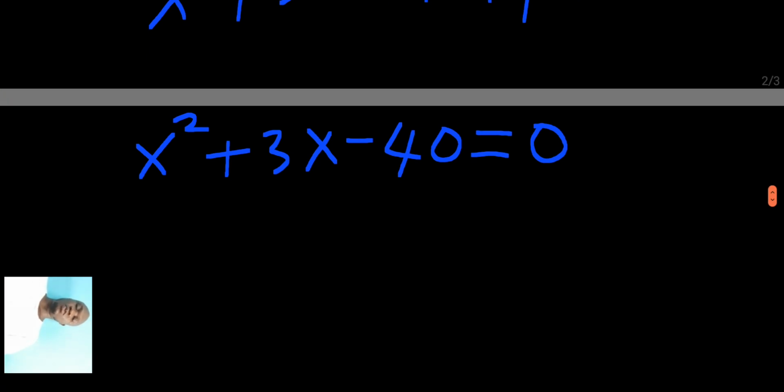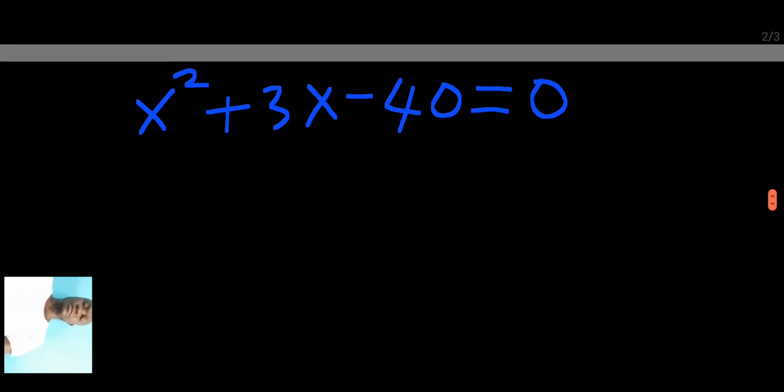So we look for two numbers. When you multiply the numbers, we get negative 40, but when you add them, we get 3. Those numbers are 8 and negative 5. Because 8 times negative 5 is negative 40, and 8 plus negative 5 is 3.